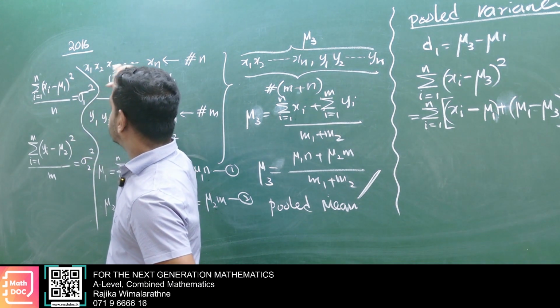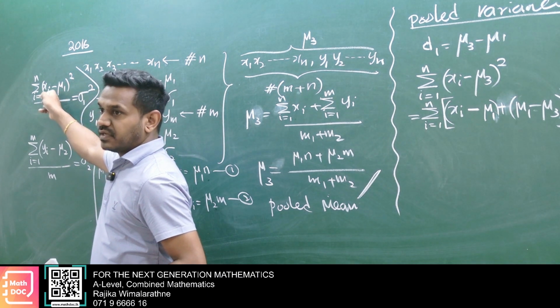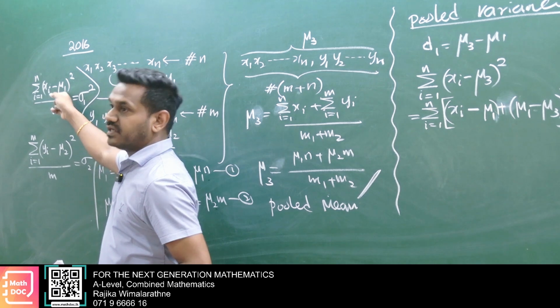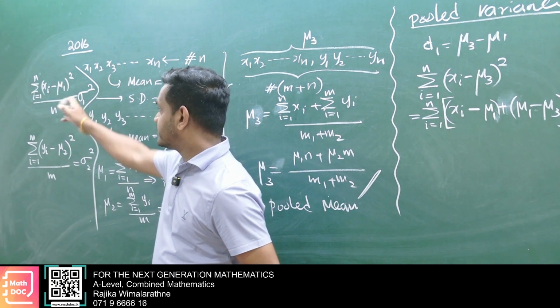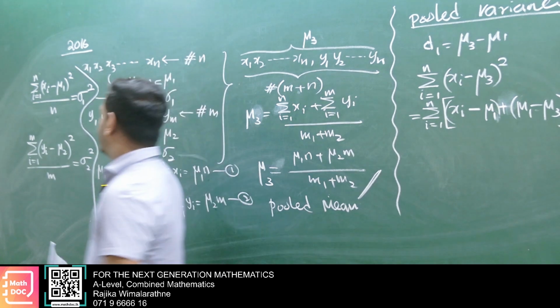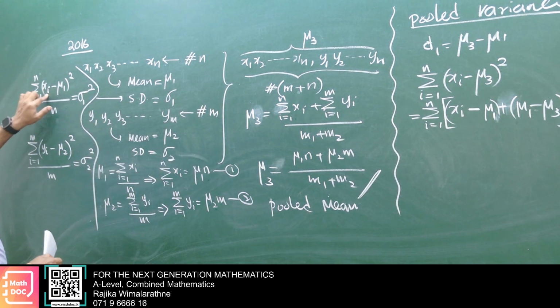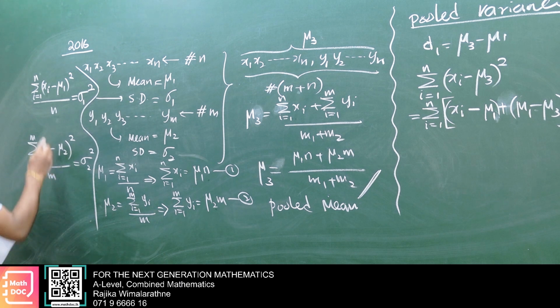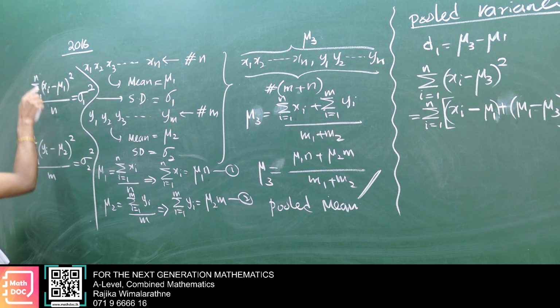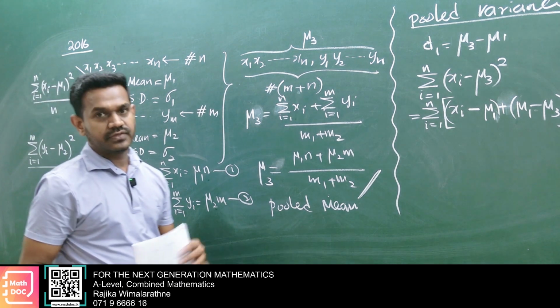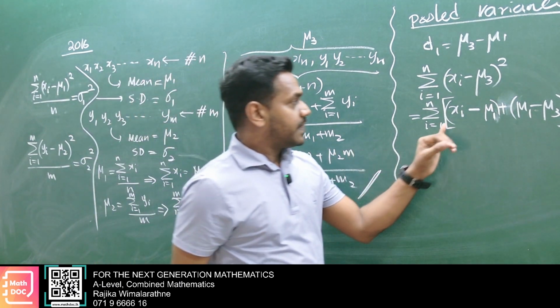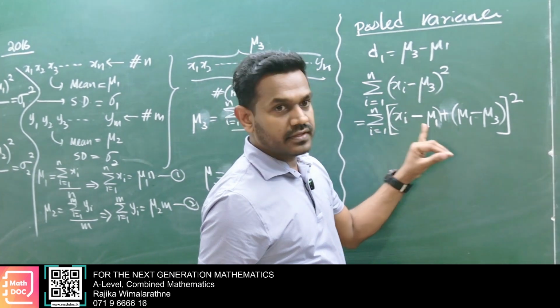Here x1, x2, x3 are the original data and mu1 is the mean value. Therefore, if you have (xi minus mu1) squared, you can cross multiply this. Then you can write the sum over i equal 1 to n of (xi minus mu1) squared equals n times sigma1 squared. So that's why I took xi minus mu1 here.